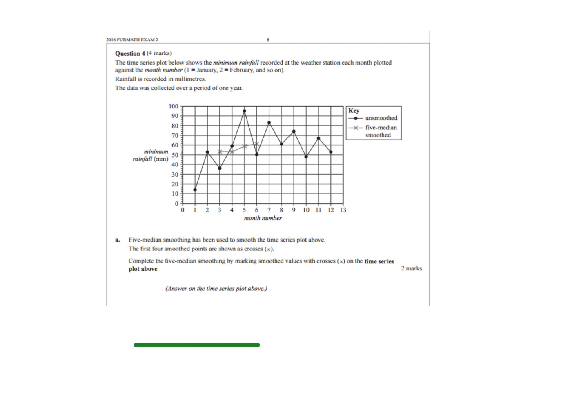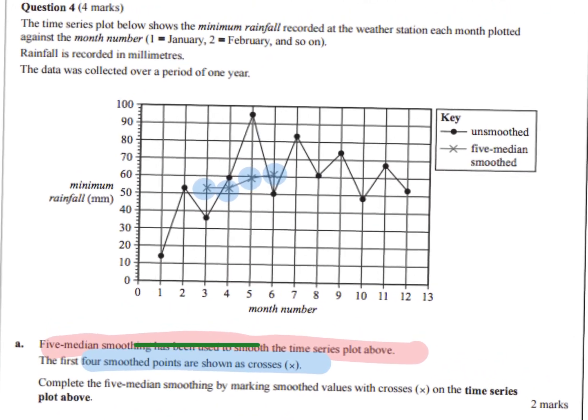The 5 median smoothing has been used to smooth the time series. The first 4 are shown with the crosses, so you can see they're shown there. And it says complete the 5 median smoothing by marking the smooth values with an X. Okay, so I'll try to zoom in a little bit now.